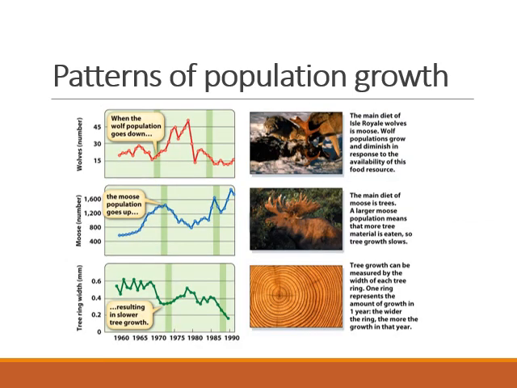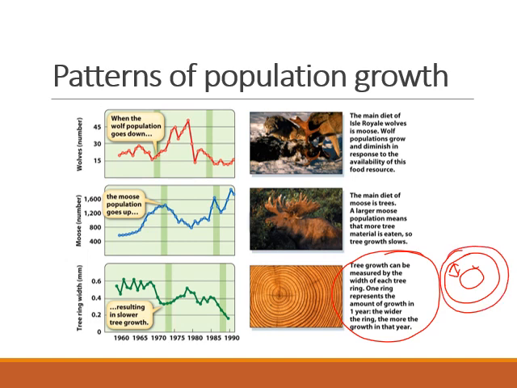So again, because we can track the moose and the wolves, we can also track tree growth, right? The way we measure tree growth is you measure the width of each tree ring. One ring represents 1 year, right? So this is how much that tree grew in 1 year. If it's wider, that means it grew more. Narrower here, so we know that the tree did not grow as much.